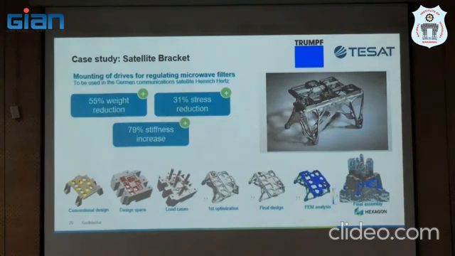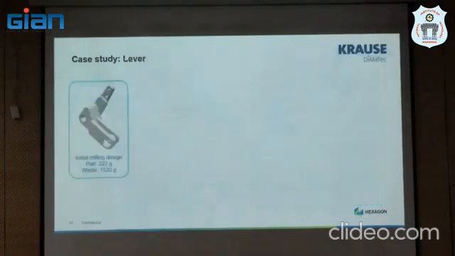We should not even go to the yield point, even though it is a one-time application. So we limit to the yield and we put a safety factor of 2 or 2.5. That's why I said AM is very much adopted in space, aerospace and medical. This is another example, I think, now after post processing.